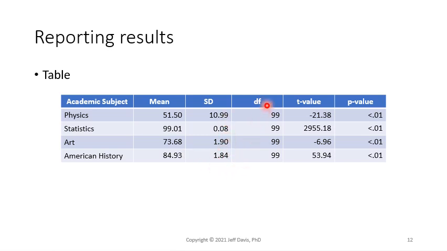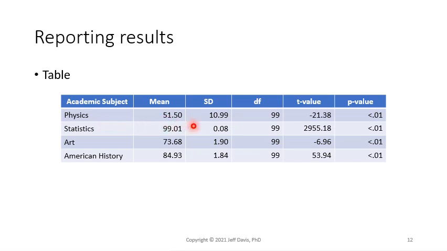Then I also want to report degrees of freedom. For my degrees of freedom for each variable, 99. Then I want to report my t-value for each one, and then the p-value for each one. So let's just go through this.